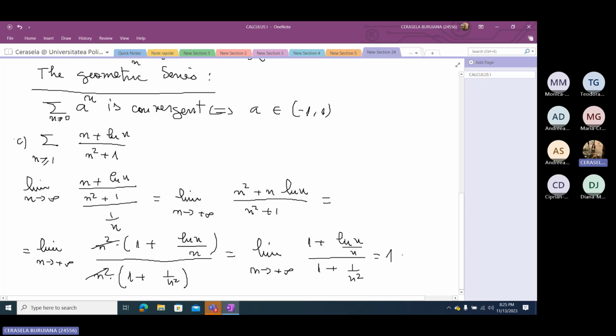But now, because the value of that ratio is in (0, plus infinity), one more time I will apply the limit comparison test, and the series from my exercise has the same nature as 1 over n, which I suppose everybody knows is convergent or divergent.